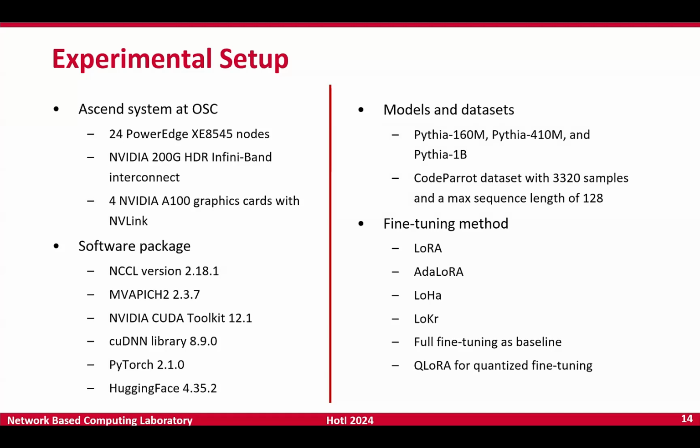We use NVIDIA A100 graphics cards with NVLink within a node, and use NVIDIA 200 gigabit InfiniBand interconnect across nodes. For the software packages, we use NCCL with PyTorch, and also use PyTorch and Hugging Face.